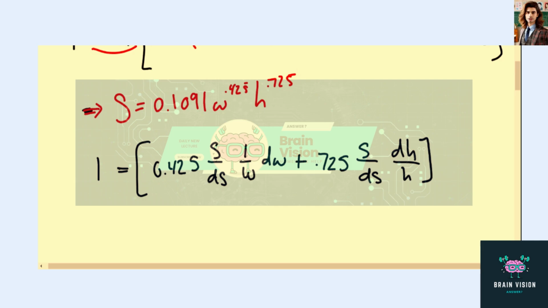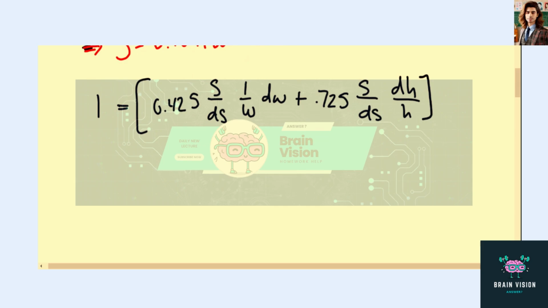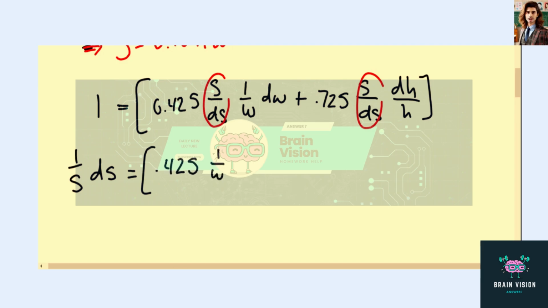So if we multiply everything by ds over S, we get 1 over S ds on the left-hand side. So finally that 1 comes back into play, but then these expressions will disappear nicely. So we get 0.425 1 over w dw plus 0.725 1 over h dh.